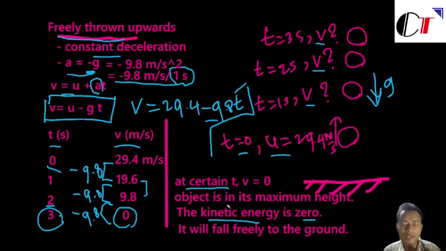Since the kinetic energy is 0, the object does not have any energy to further move upwards against the pull of the gravity. So the object position is at the maximum height, and the object will no longer be able to move up. What happens is the object will just freely fall back to the ground.